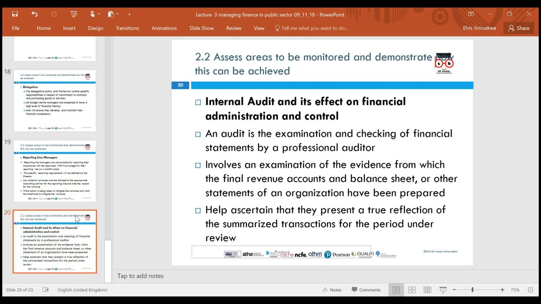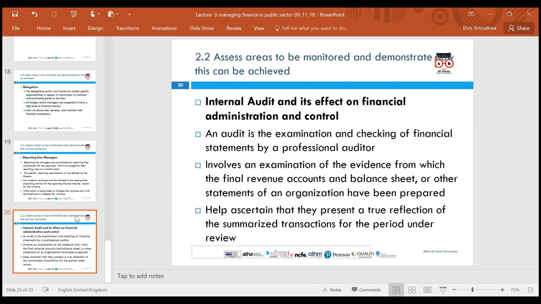That helps ascertain that they present a true reflection of the summarized transactions for the period under review. And for the NHS in particular, and most public sector organizations, because all the information is going to be put in the public domain, there is a need for monitoring and control, and they have to demonstrate all that.